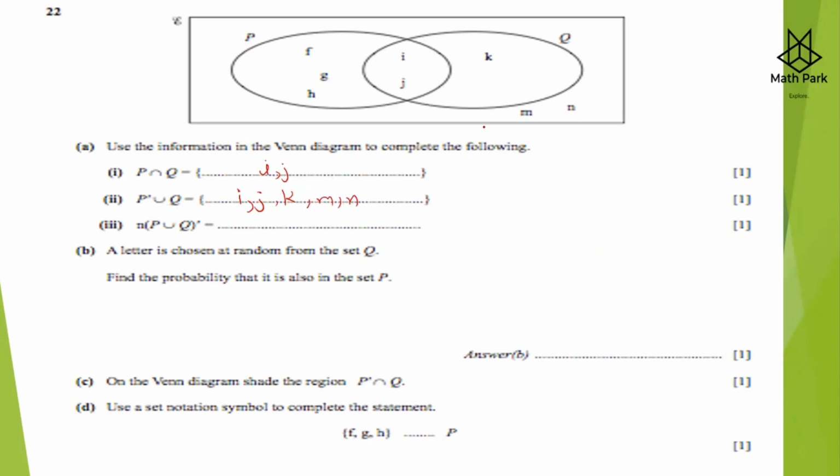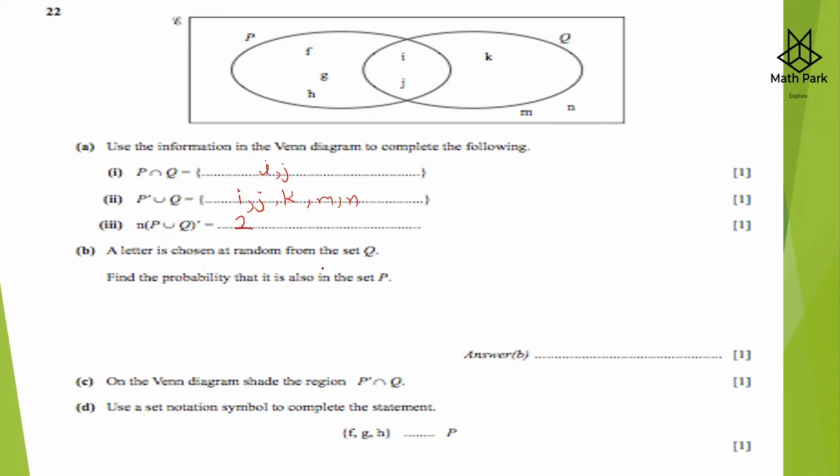I, J, K, and M and N are the elements of P complement union Q. Then next, N of P union Q complement. P union Q is this part, and complement is only M and N. So there are only two such elements. Okay, so the only two are there. So N of P union Q complement is only two elements, which are M and N.